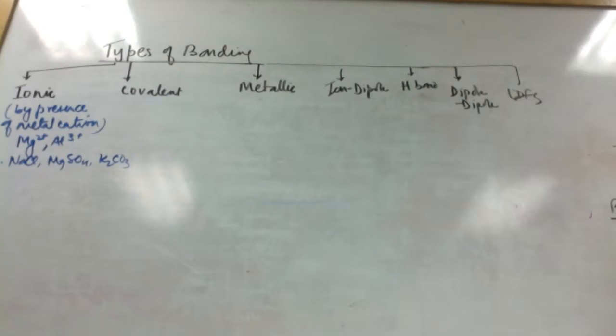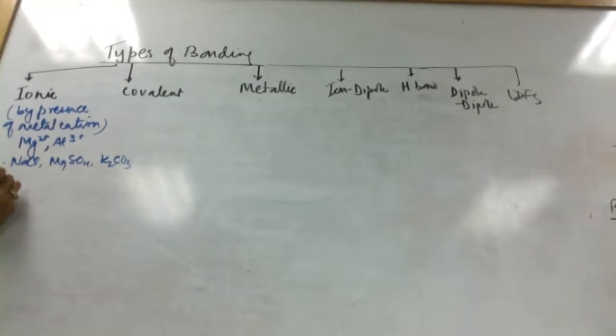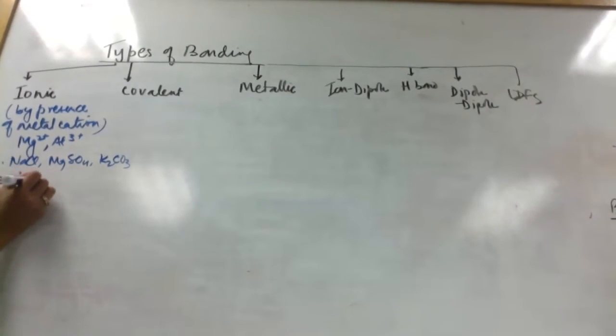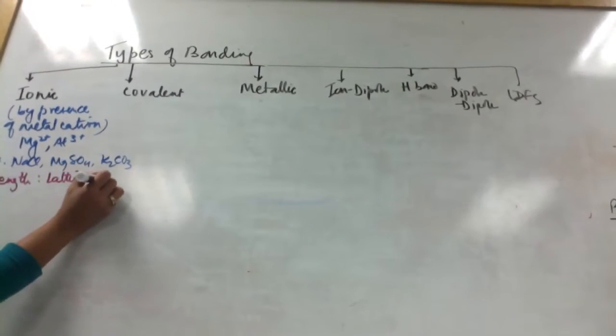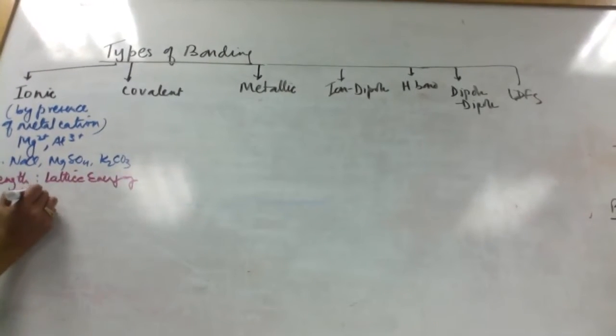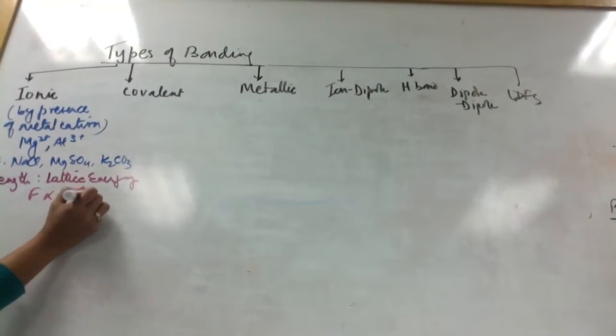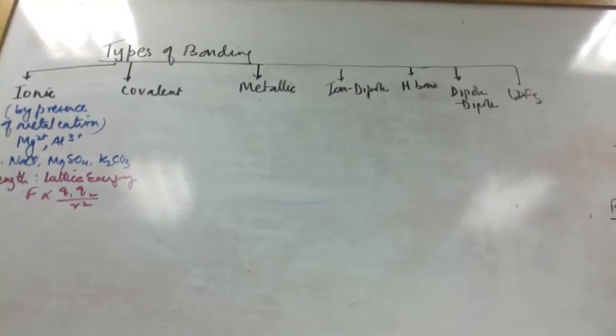What determines the strength of ionic compounds? Who remembers? Lattice energy. And lattice energy comes from Coulomb's law. Force is proportional to the product of charges and inversely proportional to the square of the distance between them. Is that what leads to electrostatic? Yes.